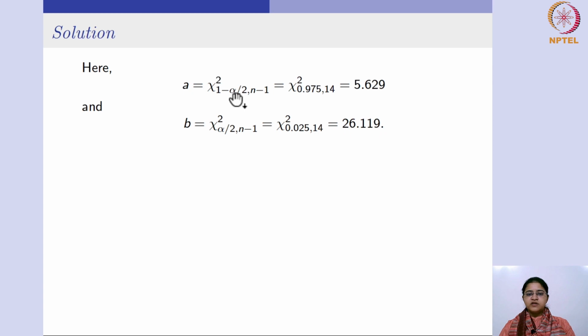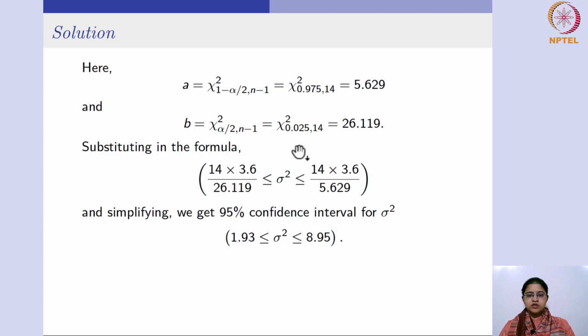Since 1 minus alpha is 0.95, alpha is 0.05, divided by 2 and subtracted from 1, it will be 0.975. If you look at this value, it will be 5.629. Likewise, if you look at the chi-square value at the other alpha, then it would be 26.119.